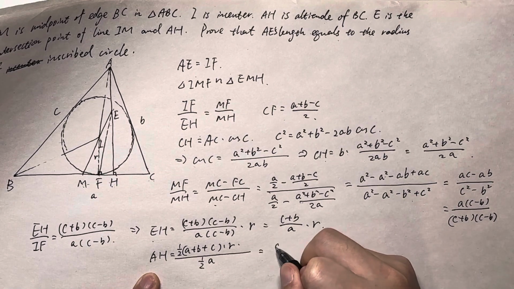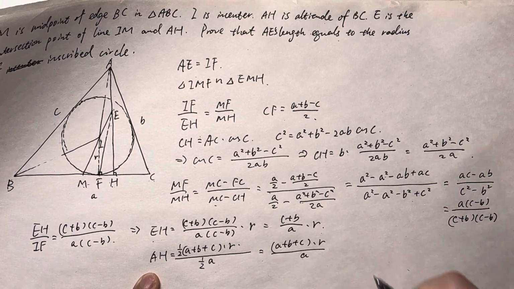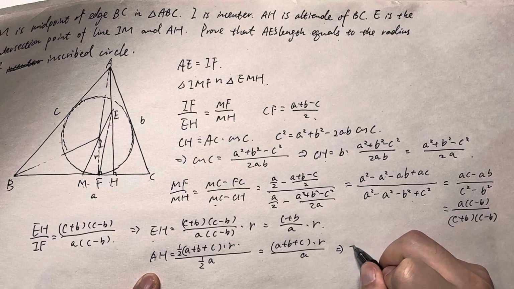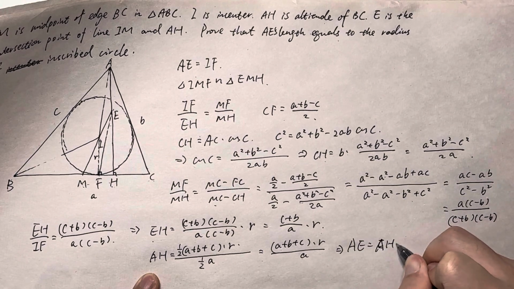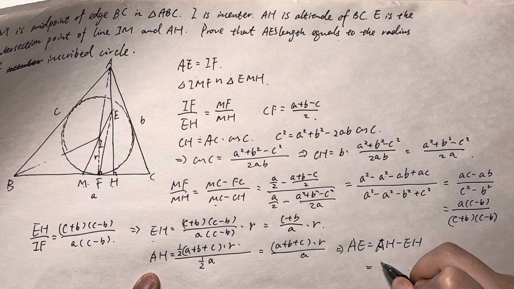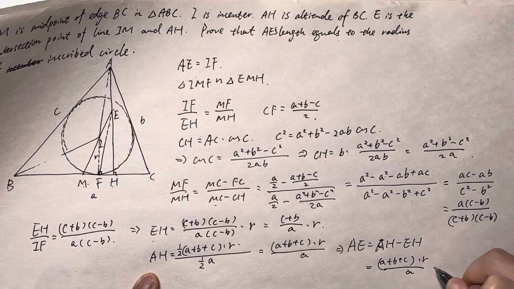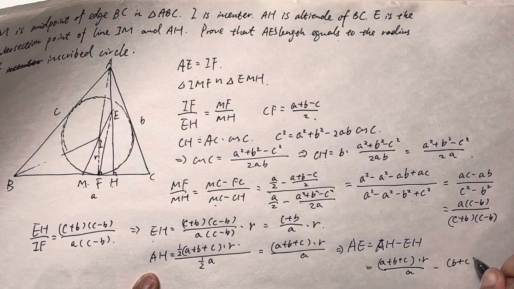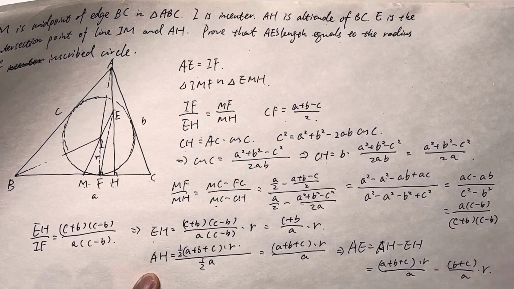So AH equals (a plus b plus c) times r divided by a, which means AE equals AH minus EH, which equals (a plus b plus c) times r divided by a minus (b plus c) times r divided by a, which equals r.